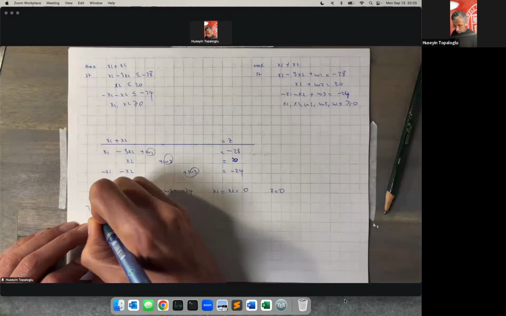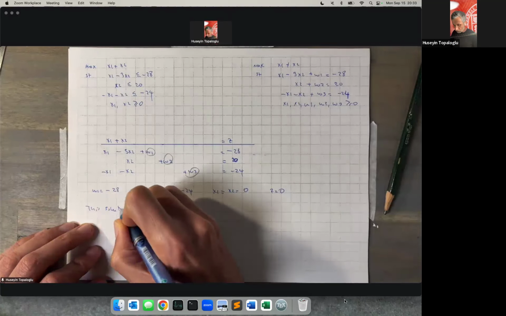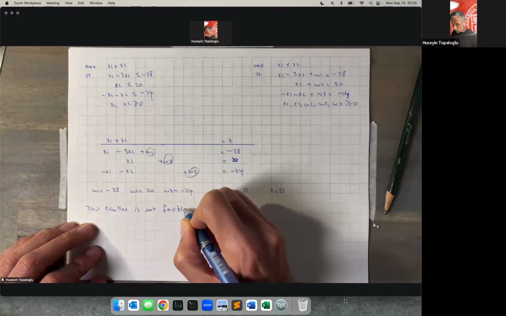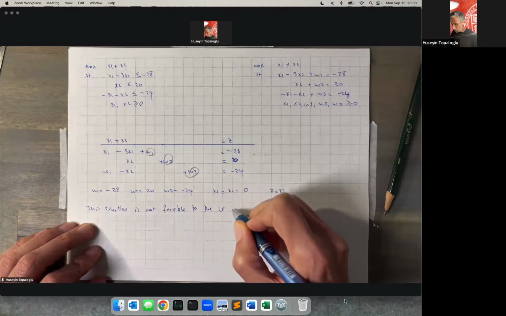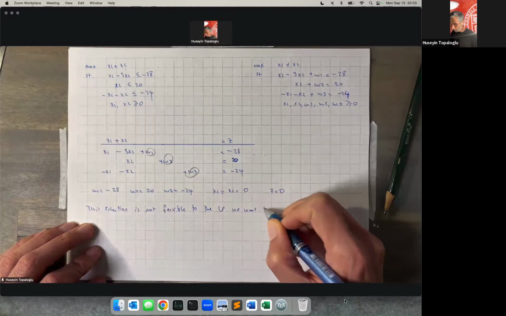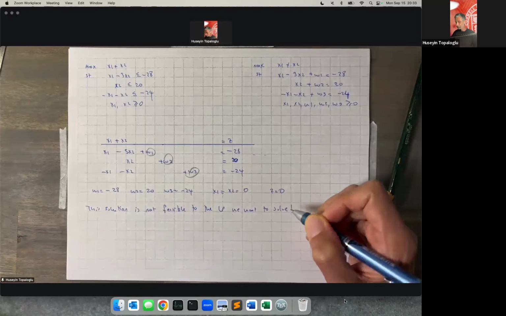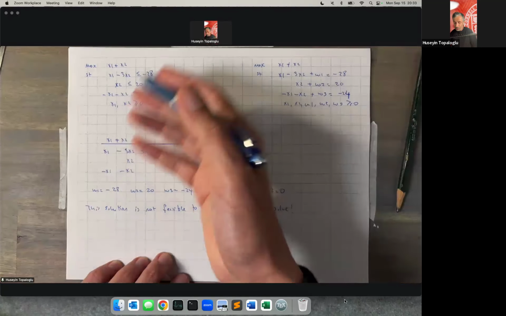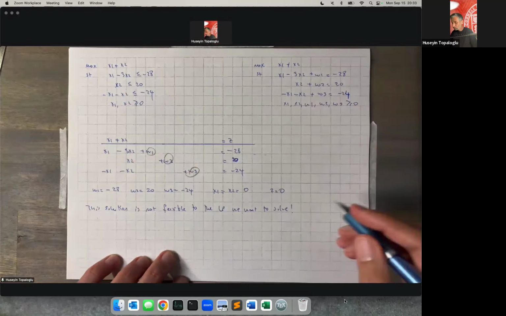So this solution is not feasible to the LP we want to solve. In fact, we don't even know if this linear program has a feasible solution, right?